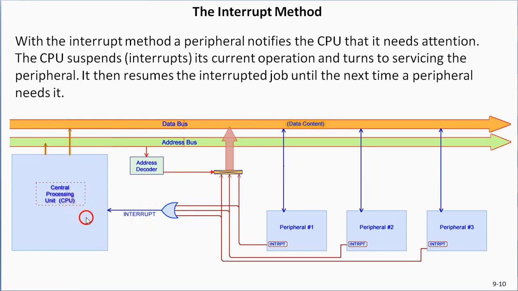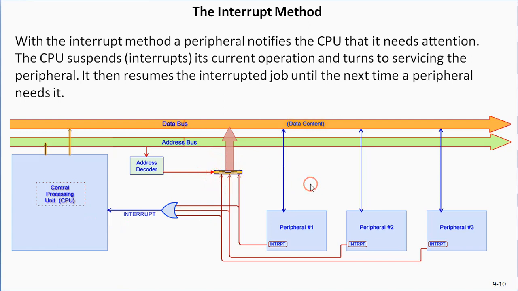At that time, the CPU may be processing another job, but it will interrupt that job and will jump to a routine, a special program area that is called the general purpose interrupt service routine. The purpose of this routine is to perform an I/O operation and identify which peripheral to service. It does this by reading, analyzing, and prioritizing the individual interrupt requests, which it can read from this tri-state over here.